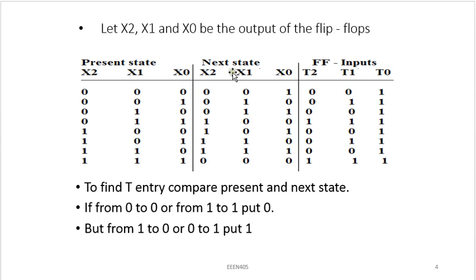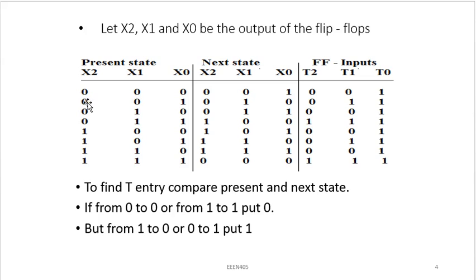Then the second segment is what we call the next state. It also contains x2, x1, and x0. But how do we come up with this? Whatever is the value of the binary in the present state, we increase it by 1 in the next state. For instance, here 000 is equivalent to decimal 0, so in the next state we should put 001, which is equivalent to 1 in decimal.